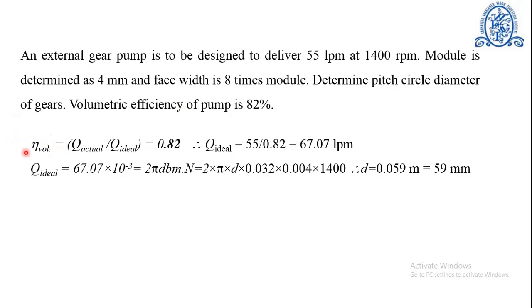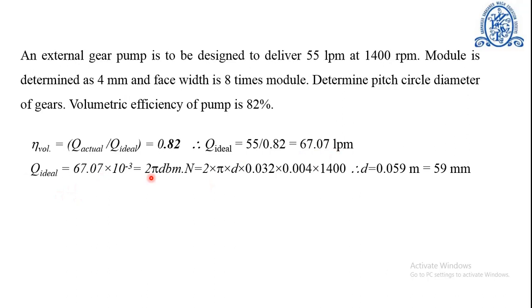As we know, the volumetric efficiency is the ratio of actual flow and ideal flow, which is given as 0.82. Since the actual flow is given as 55 liters per minute, the ideal flow is obtained as 67.07 liters per minute.